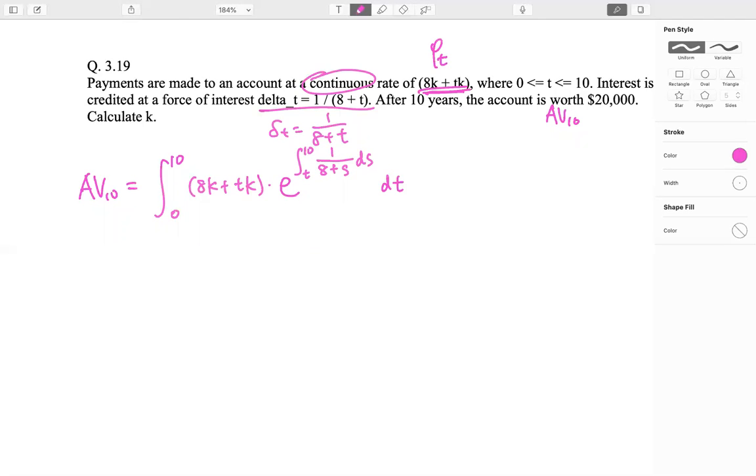Okay, so now let's do the inside part first. Okay, you should know log t, if you differentiate, is 1 over t, right? Of course, t has to be positive. So this is log 8 plus s. That's from t to 10.